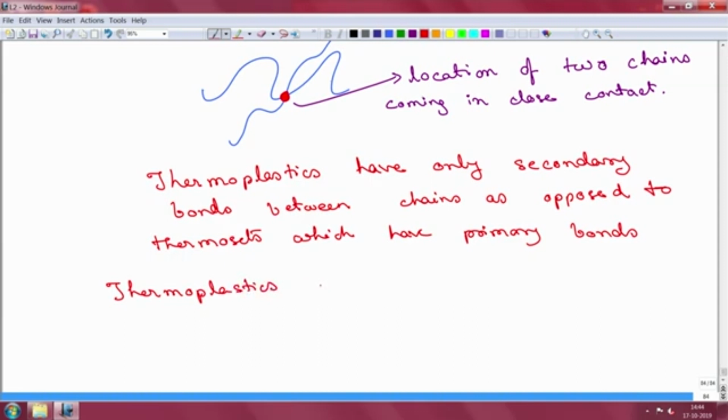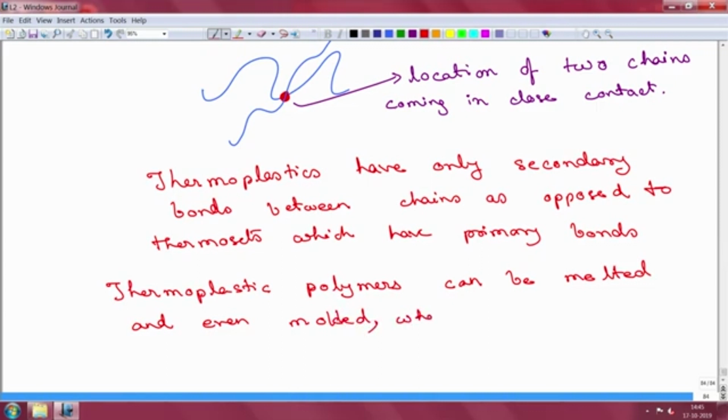So, thermoplastic polymers can be melted and even molded, whereas the thermosets cannot be melted in a general sense.